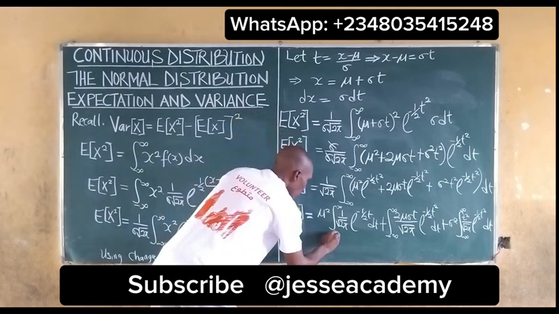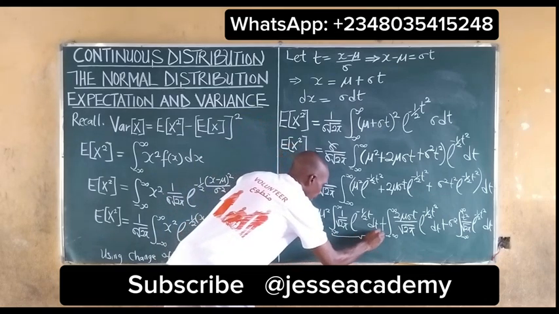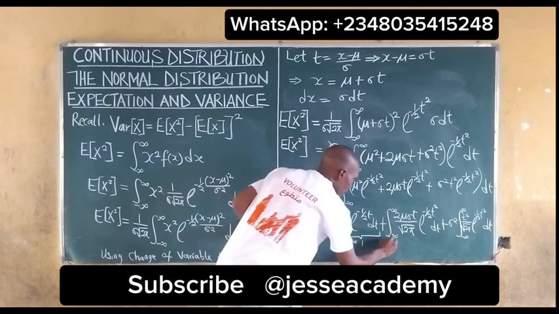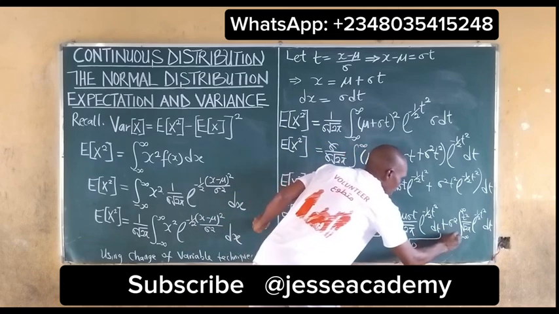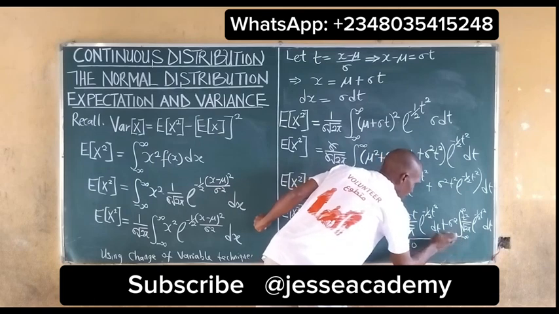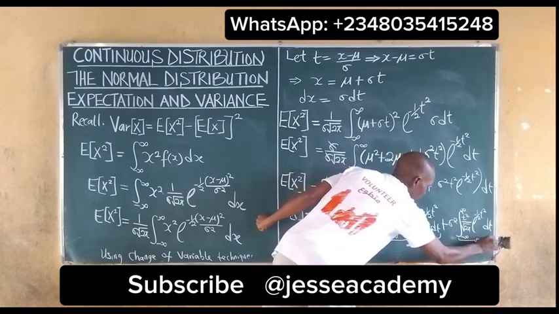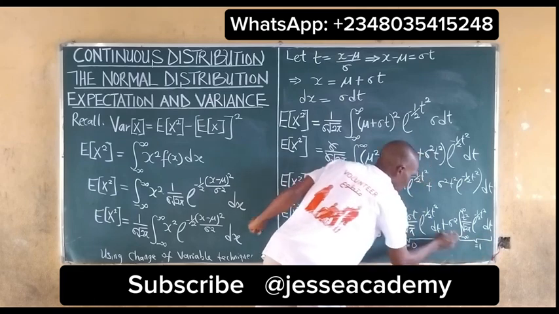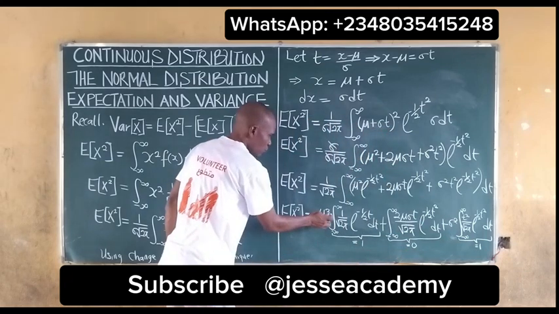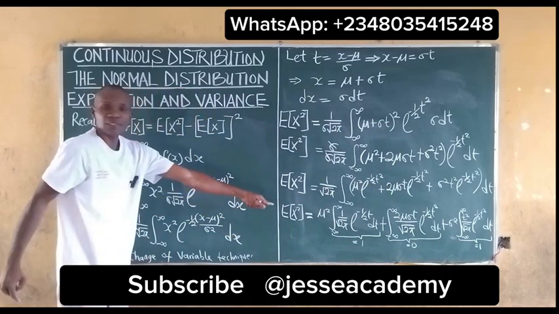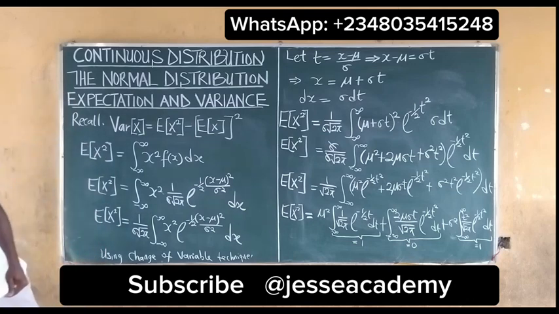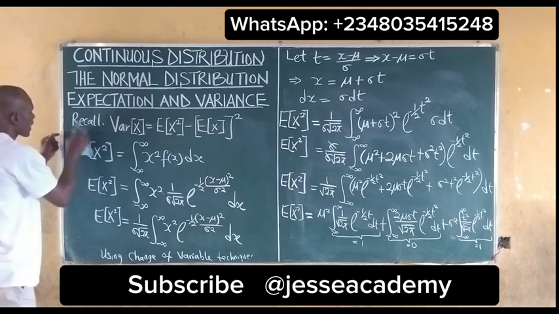Of course, the whole of this is equal to 1. The whole of this is equal to 0, and the whole of this is equal to 1. So we have sigma squared multiplied by 1, mu squared multiplied by 1. So we move over to this other side to complete this.